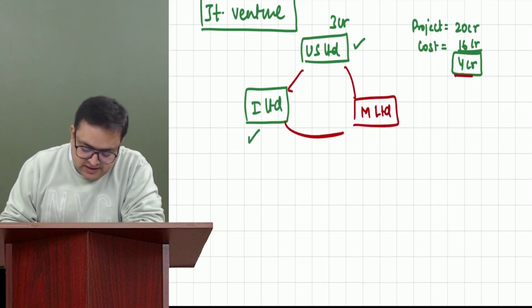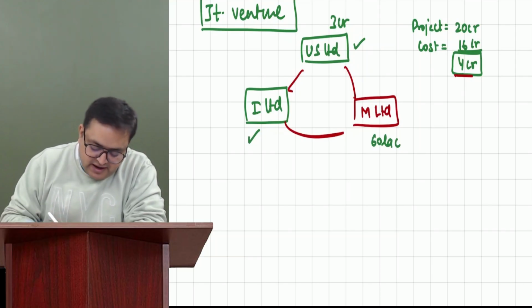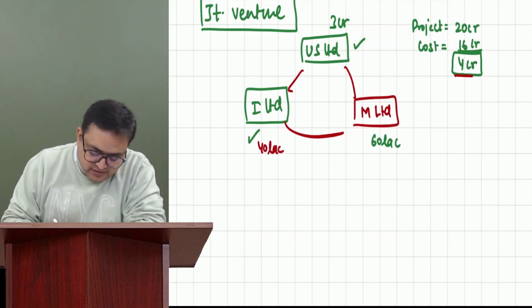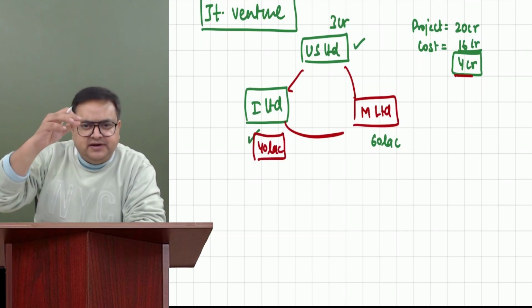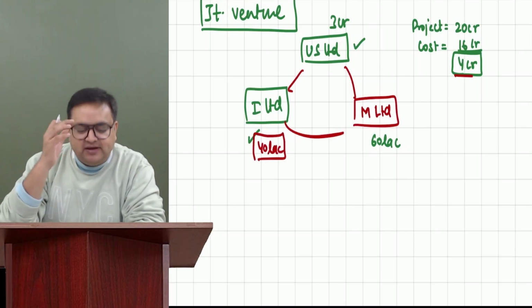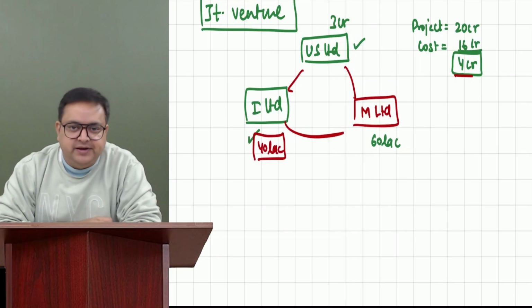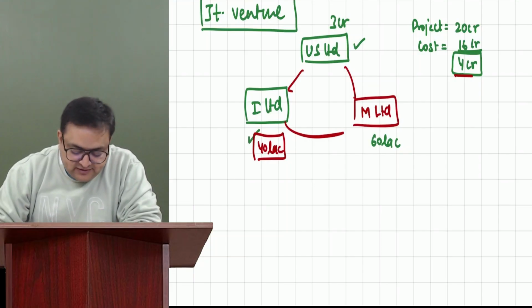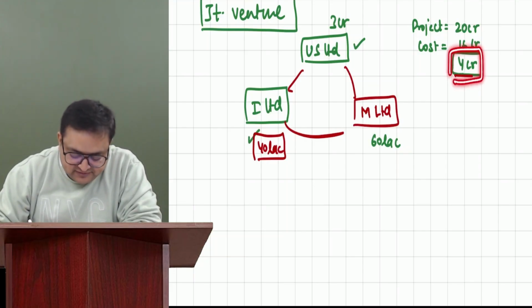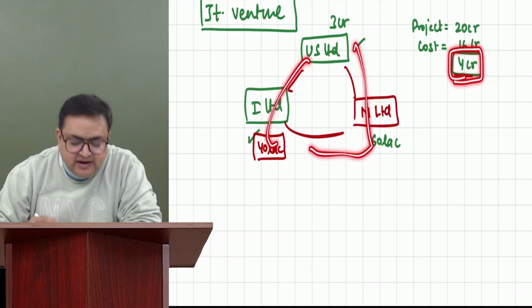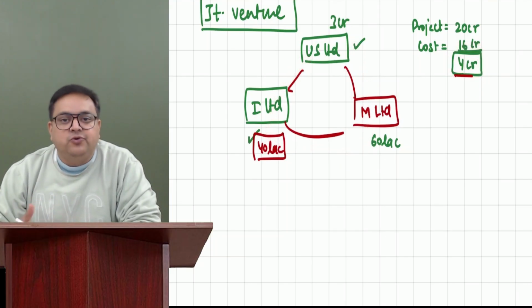M Limited, they are giving, let's say, 60 lakh rupees, and only 40 lakh rupees they are giving to I Limited India. Because in India the tax rates are a little higher, they are just giving 40 lakh rupees to India. Okay. So whether this profit split has been done at an arm's length price, the answer might be no.